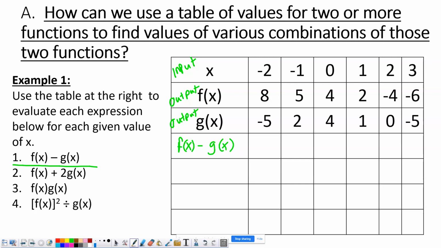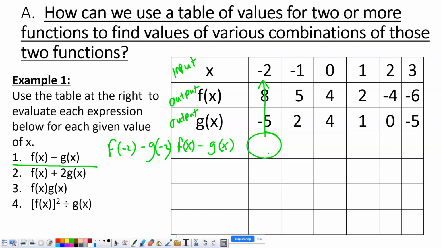Okay, so to do that, to find out what goes here, we need to figure out what... I'm going to show my work on the side here. You do not need to show any work. It's pretty simple actually without doing it, but for teaching purposes I'm going to show you what I'm doing. So for this spot here, as you can see, the input is -2, so I'm going to put -2 here.